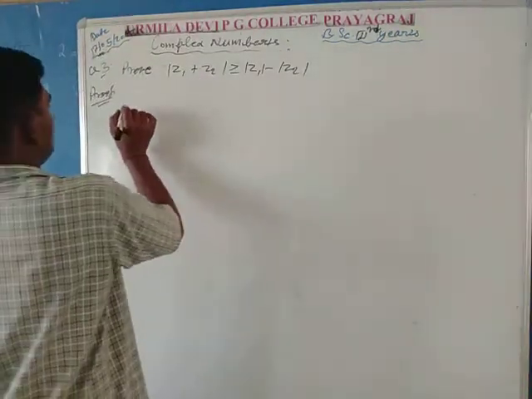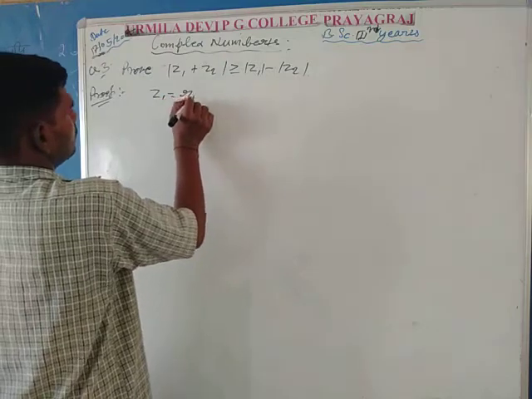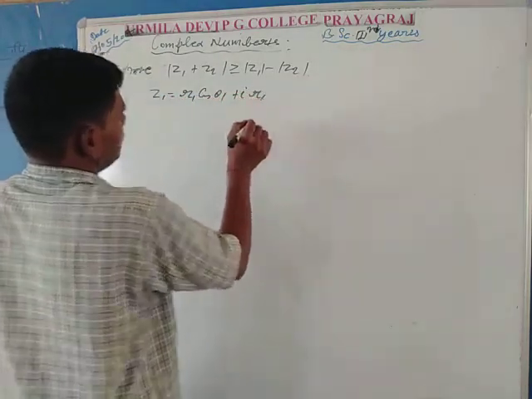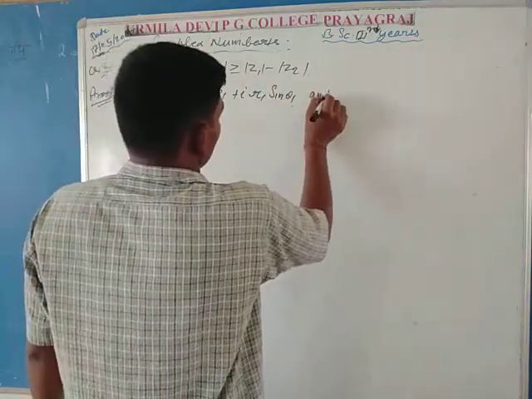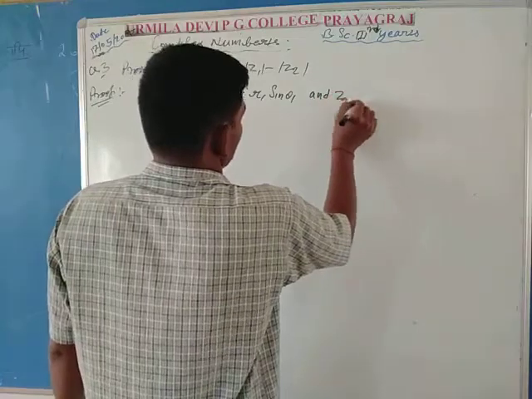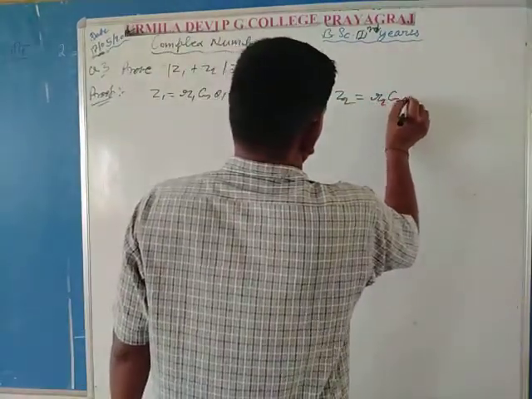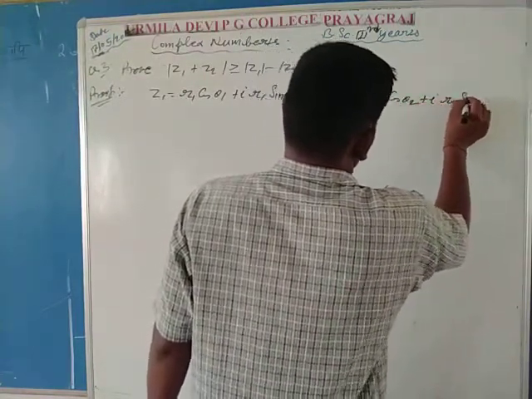So in the proof, put z1 equal to r1 cos θ1 + i·r1 sin θ1, and the second complex number z2 equal to r2 cos θ2 + i·r2 sin θ2.